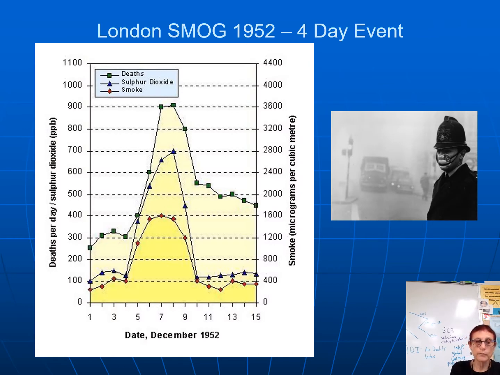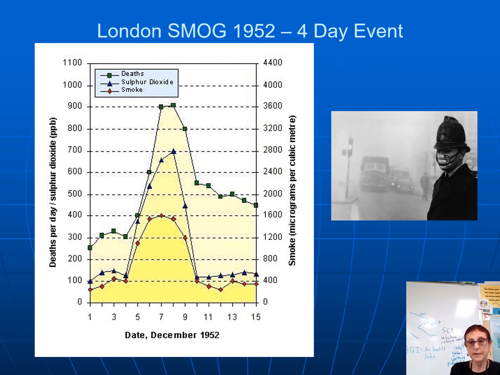When we talked about the sulfur cycle early in the year, we did mention the smog event in London in 1952. It was a 4-day event, and close to 12,000 people died. Cardiac arrest, respiratory failure, and you can see the correlation between the high levels of sulfur dioxide and the high number of deaths. Remember, that event only lasted 4 days.